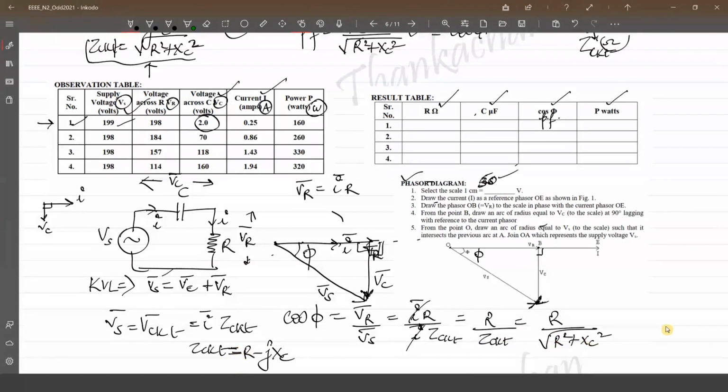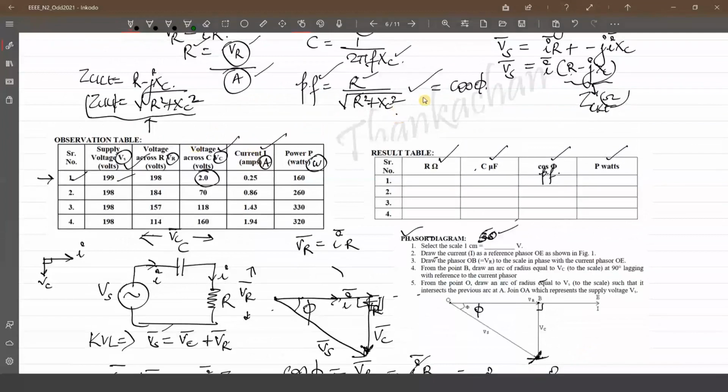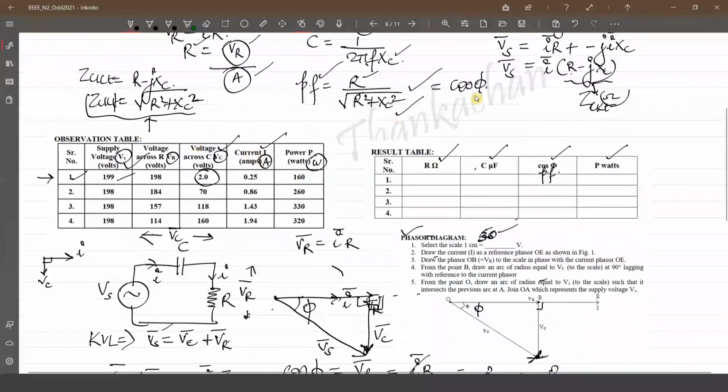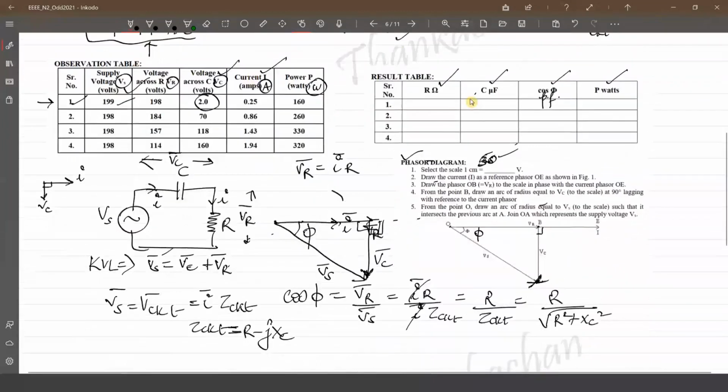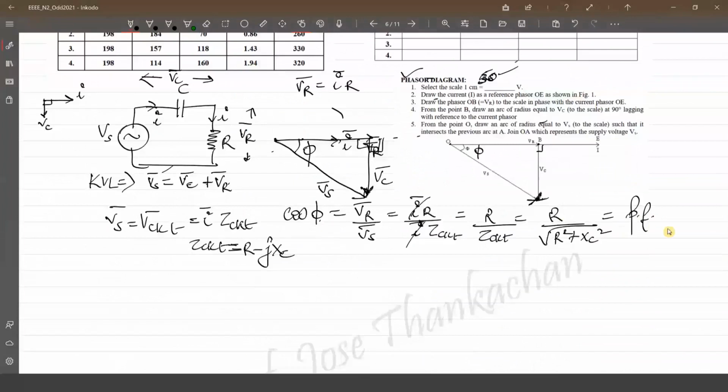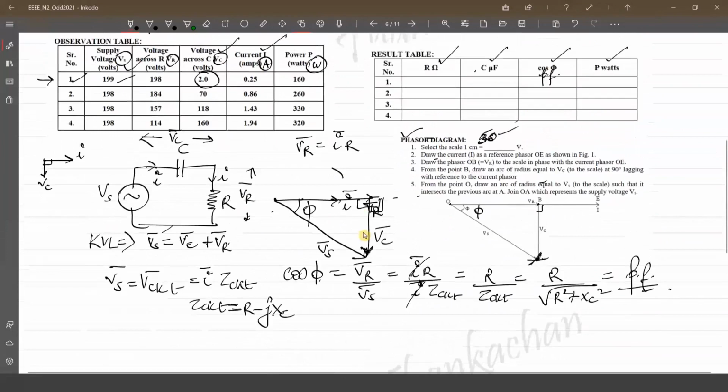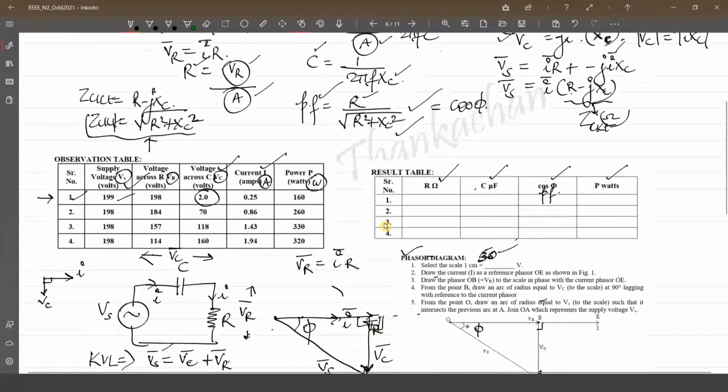We had written here also what the power factor is. Power factor is R divided by root of R square plus Xc square, and I told you that is nothing but cos phi. Is it clear?